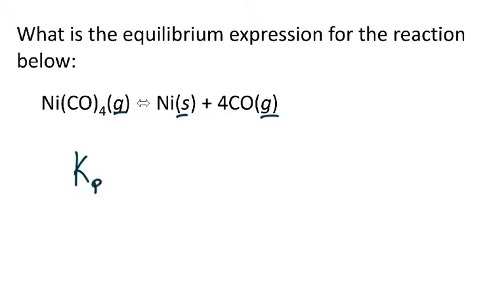So our Kp for our gases is going to be the partial pressure of our carbon monoxide to the 4th power divided by our partial pressure of our nickel complex here, NiCO4. Also in the gas phase, we don't use our solid phase in our equilibrium expression.